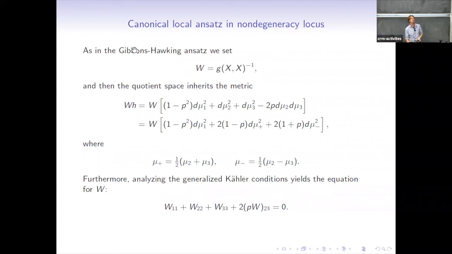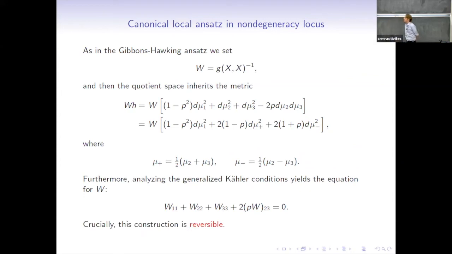The case p equals 0 instantly reduces to the usual Euclidean metric, as you expect. But now W satisfies a linear PDE with a perhaps funny looking extra term involving the angle function. It's a little bit obtuse at the moment.